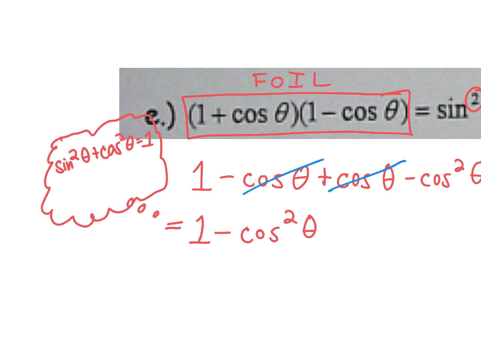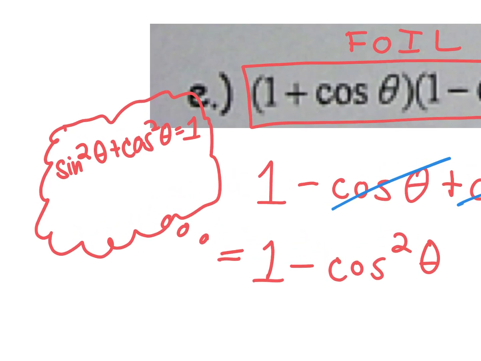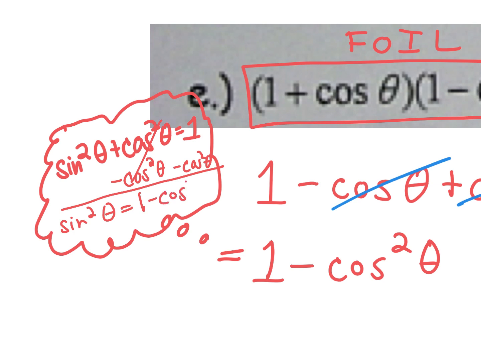If I take a second to subtract cosine squared theta from both sides of the equal sign, to balance that, I get sine squared theta equals 1 minus cosine squared theta.